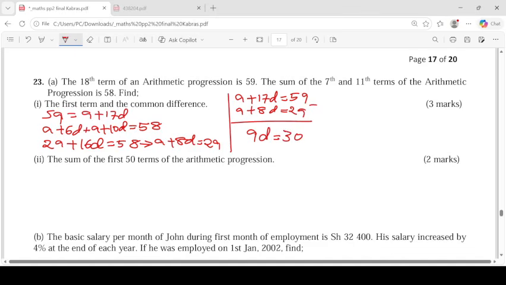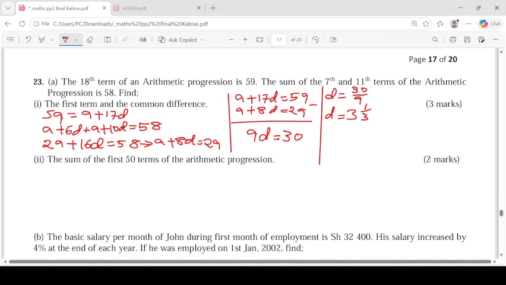Then now we are supposed to get the value of d. So d will be now 30 over 9. So my d will be 3 1/3.